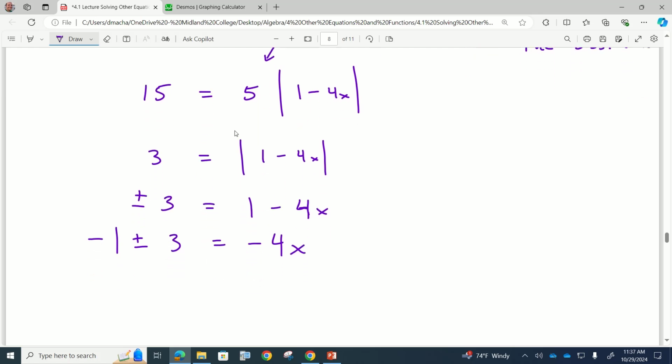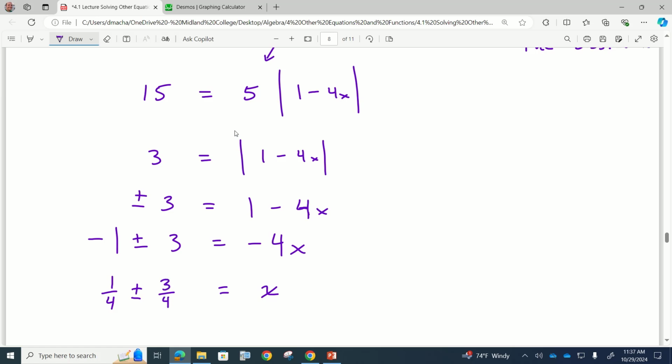And what do I do last? I have to divide by negative 4. So negative 1 divided by negative 4 is positive 1/4. And 3 divided by negative 4 is negative 3/4.